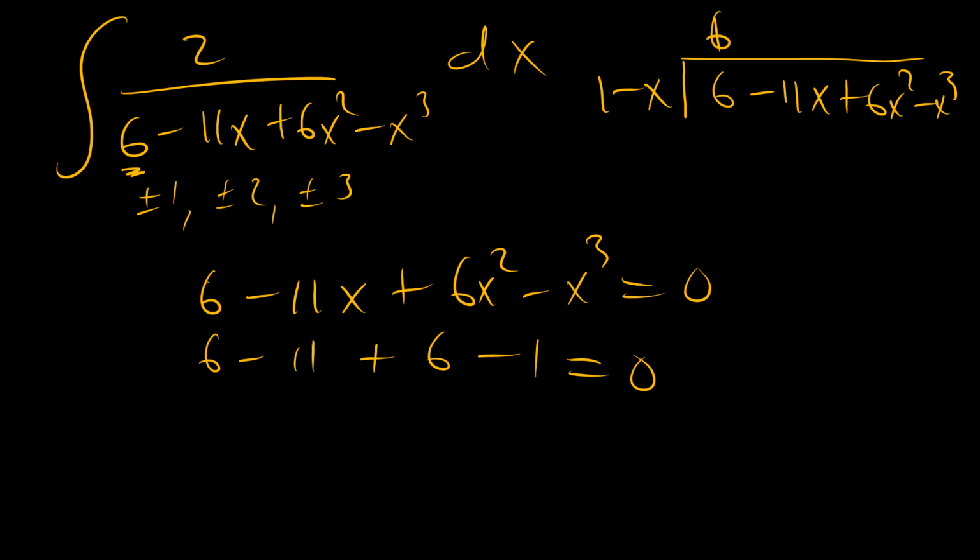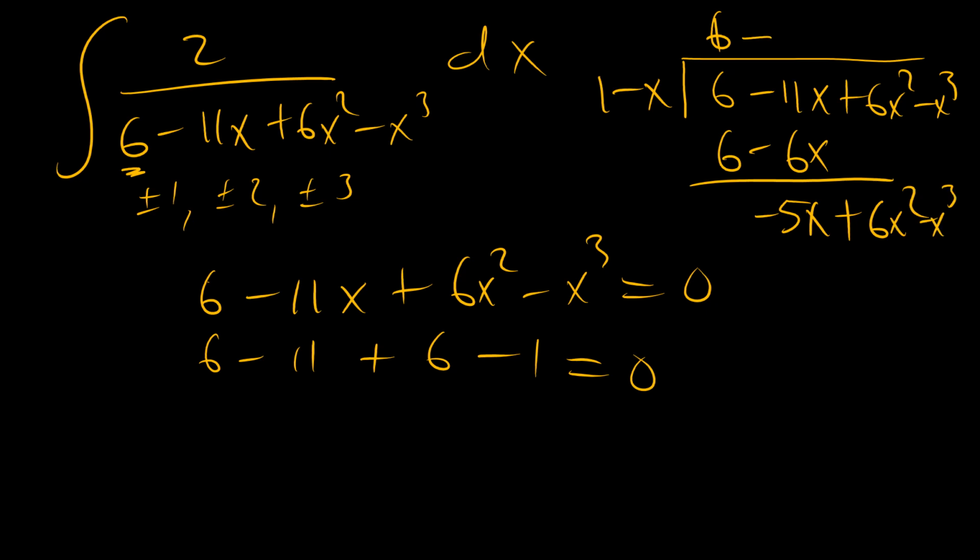By 6 we have 6 minus 6x. This becomes negative 5x plus 6x squared minus x cubed. Minus 5x, this becomes minus 5x plus 5x squared, which becomes x squared minus x cubed.